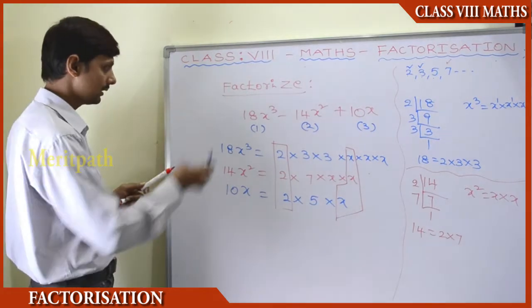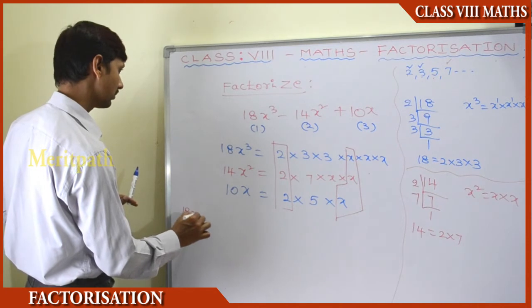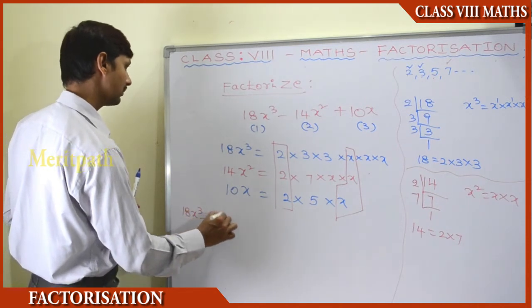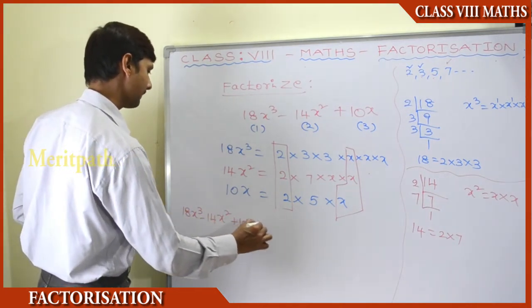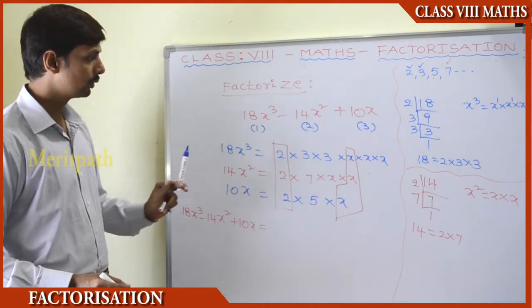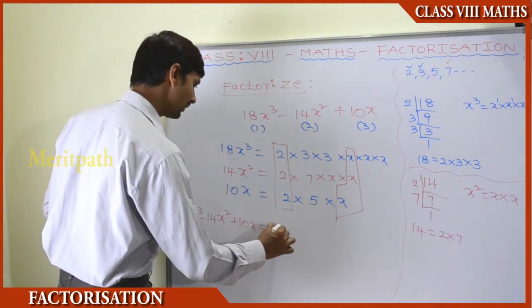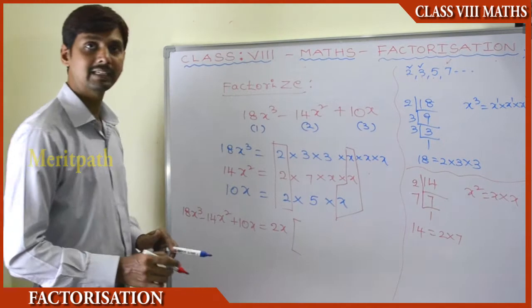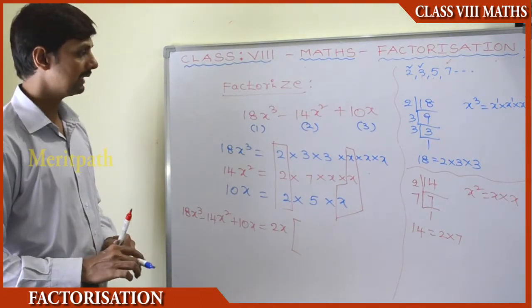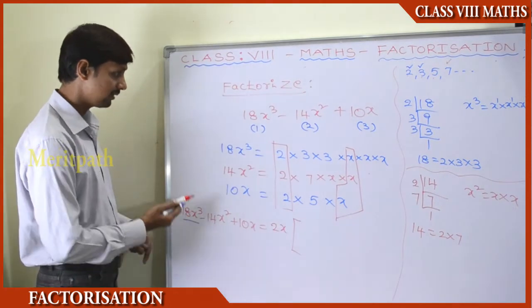So let's write this expression: 18x cube minus 14x square plus 10x is equal to, we can write 2x as common. When we take out 2x in common, let us see what is left out in the first term.